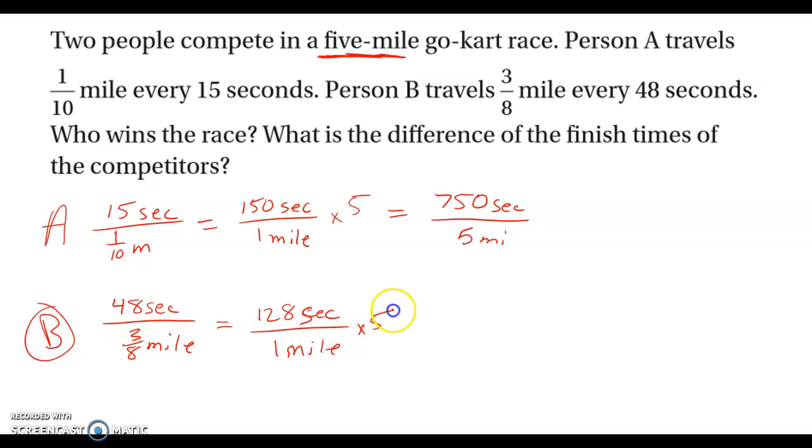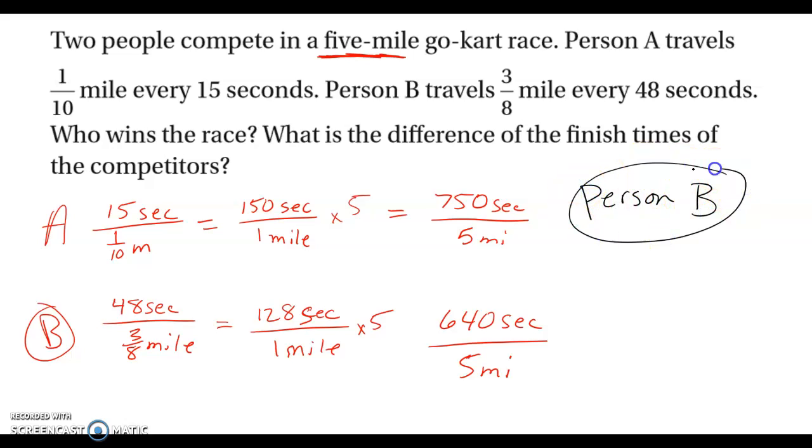Now let's see, after 5 miles, so 128 times 5 gives me 640 seconds in 5 miles. So we know person B finishes first. So person B gets first. And then what is the difference in the finish times?